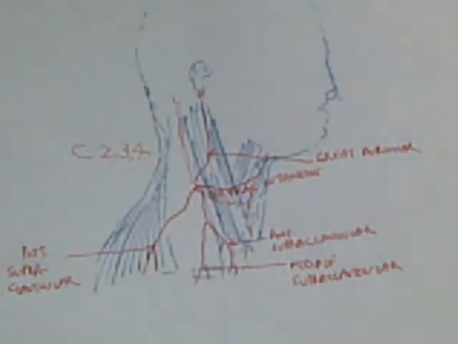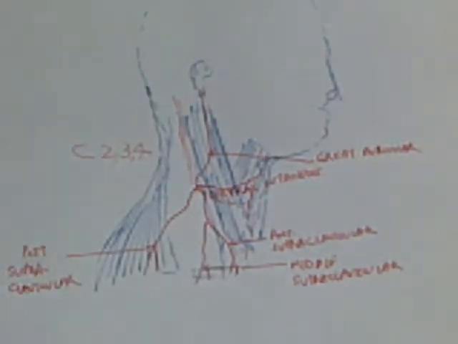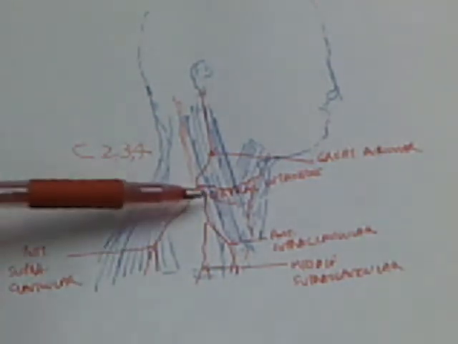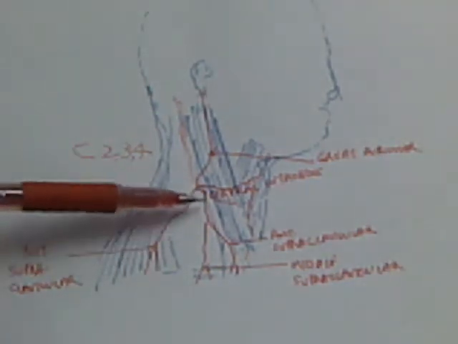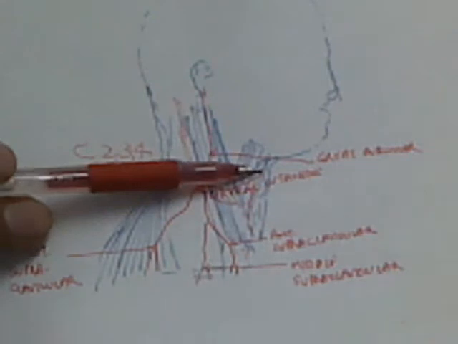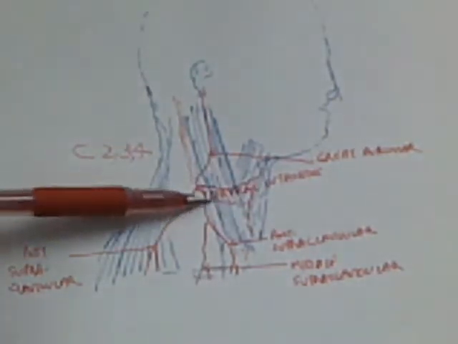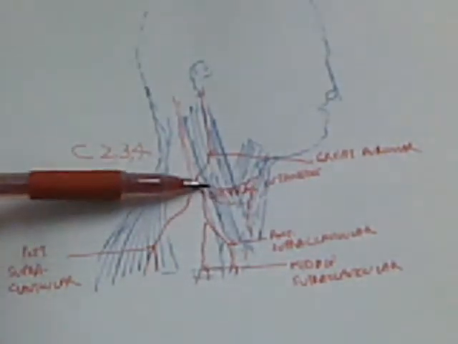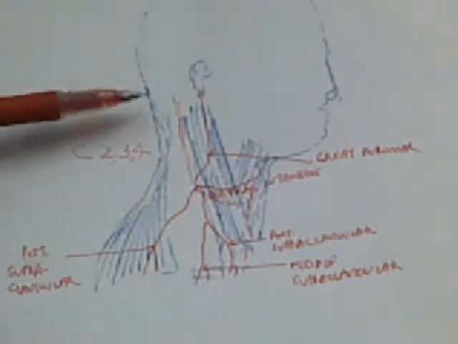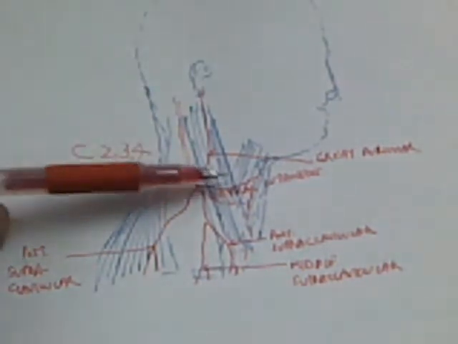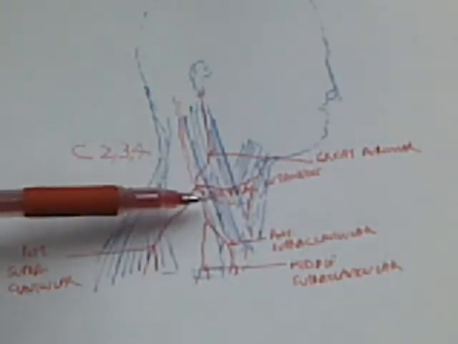Now coming to the transverse cervical nerve, also called the cervical cutaneous. This also arises from the second and third cervical nerves, like the anterior cutaneous.